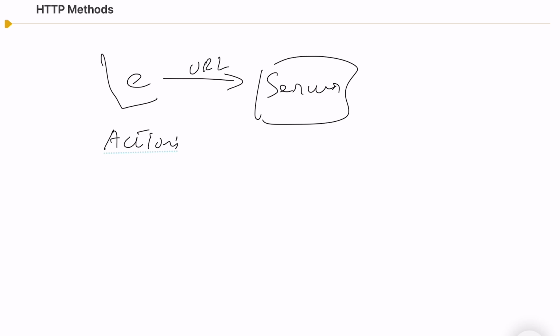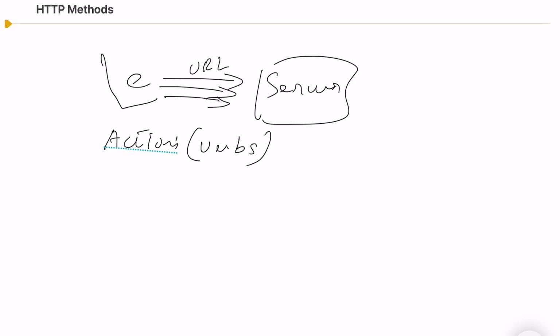Basically, whenever the client sends a request to the server, it actually sends a verb. These actions are verbs, okay, along with that request, so that the server understands what the expectation from the server is. Simple. Okay, so these are specific actions or HTTP verbs or methods which are passed along with the URL to the server, and the server understands what the request is and why this request has come to the server.